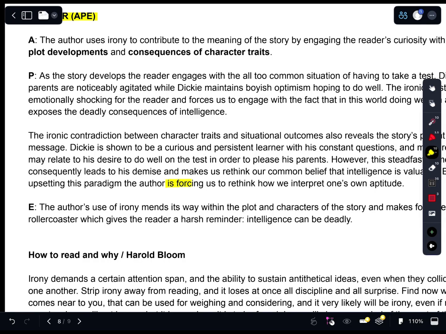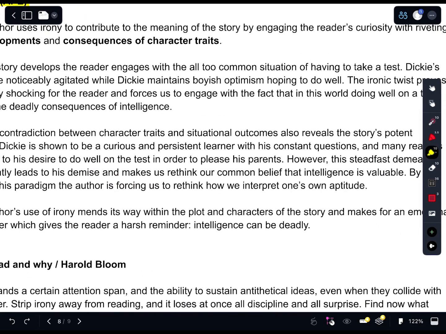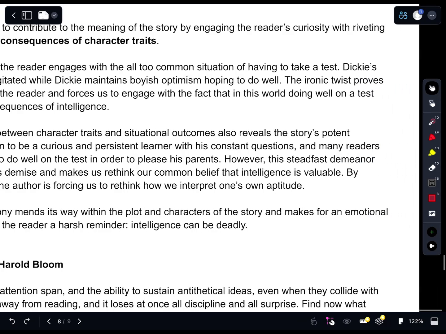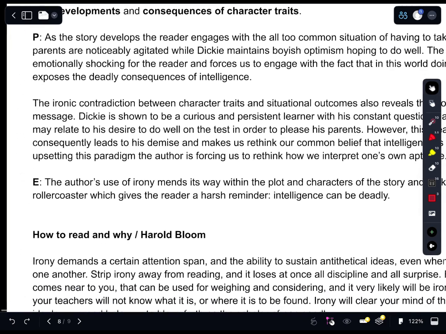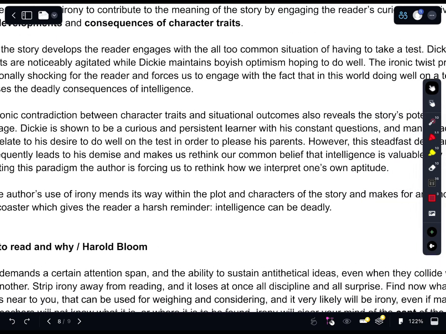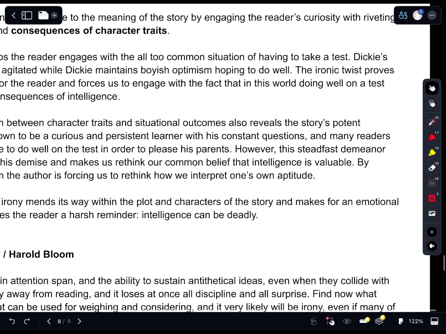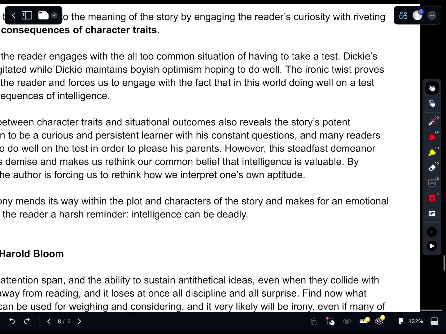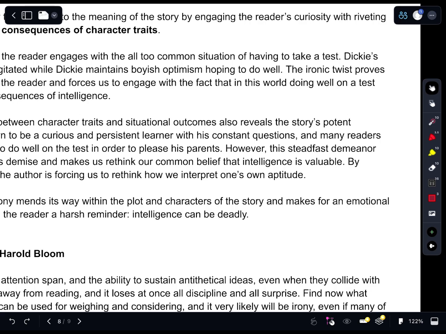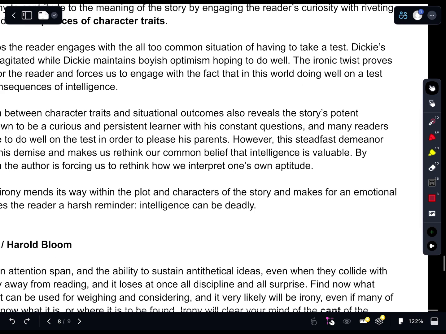Dickie is shown to be a curious and persistent learner with his constant questions, and many readers may relate to his desire to do well on the test in order to please his parents. However, this steadfast demeanor, so he's really got a good head on his shoulders, he's honest, he's just a strong, reliable, responsible kid.